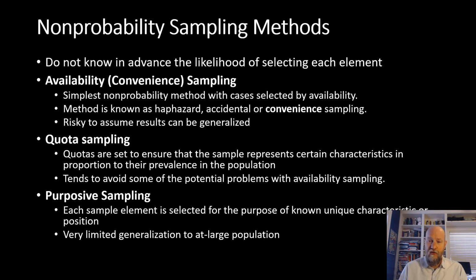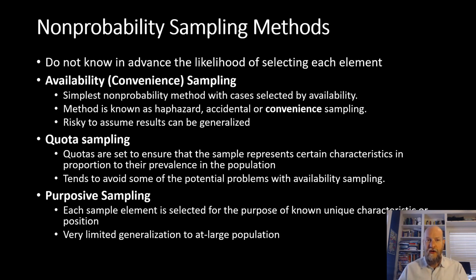It's not a hugely popular profession. I might specifically seek out epidemiologists as the sample elements that I'm looking for, and I might do it in a non-probability way. I might just send emails to as many as I can find listings for online and see who responds. Limited generalizability to, say, Americans or human beings on the planet, but it's purposive because I'm really only interested in epidemiologists in this case.